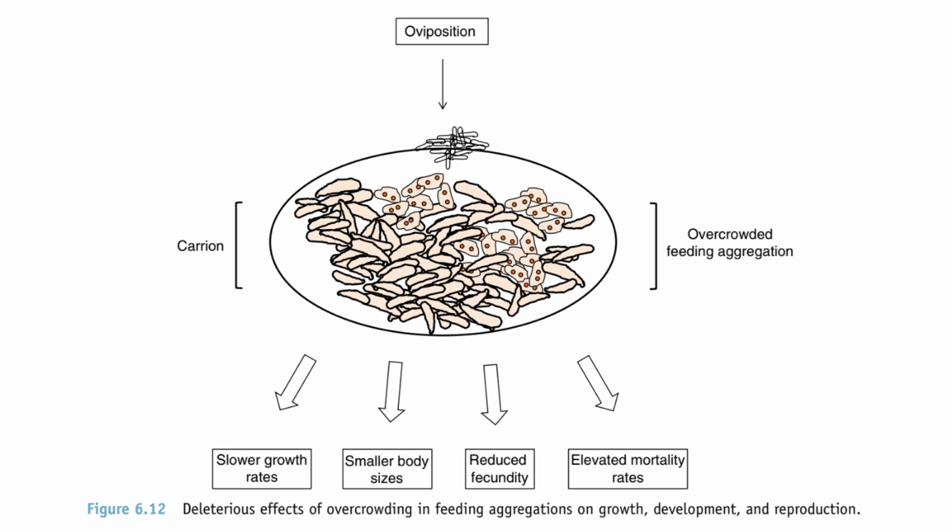As we talked about in previous videos, a smaller individual will have fewer offspring when ready to reproduce. So your fitness is lowered, and you end up with reduced fecundity. Smaller body size, less fitness.